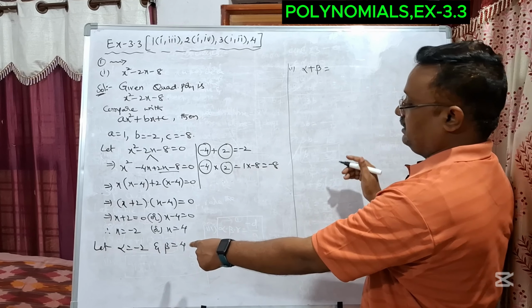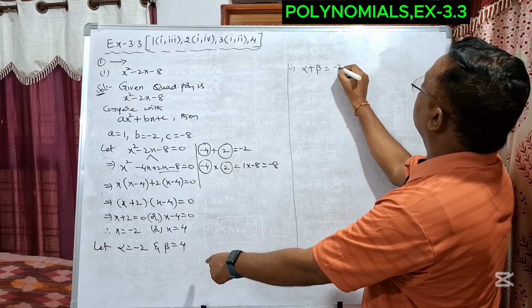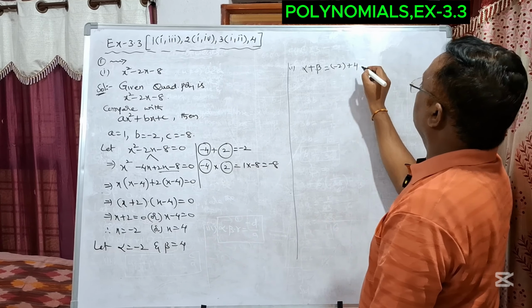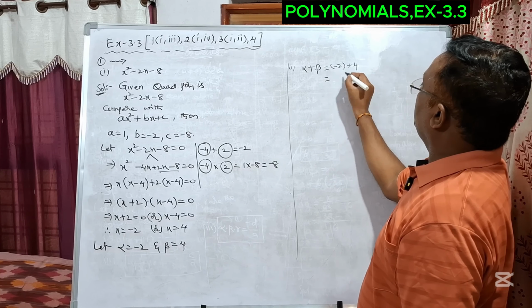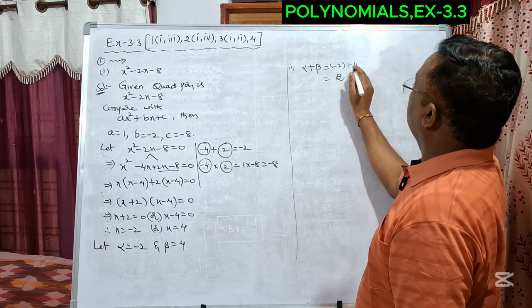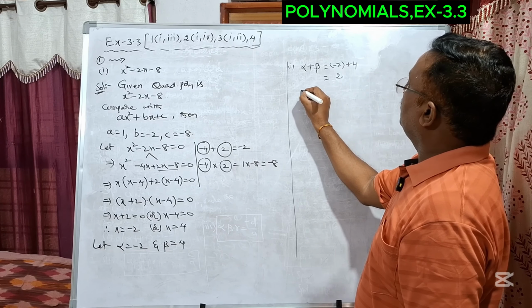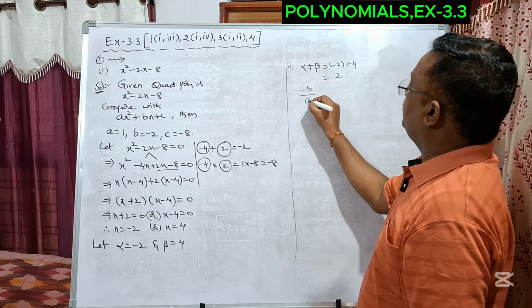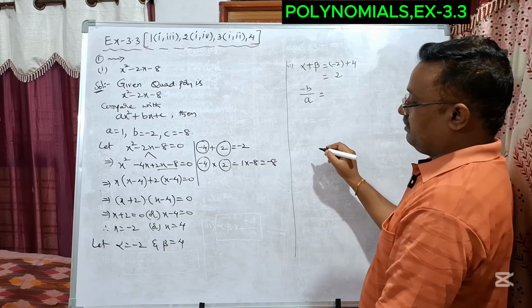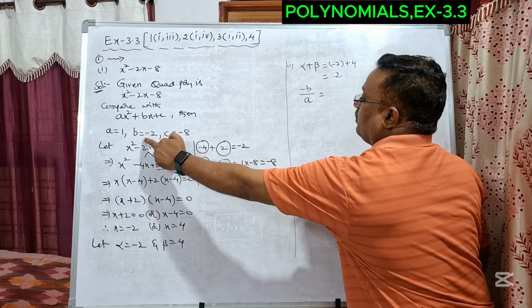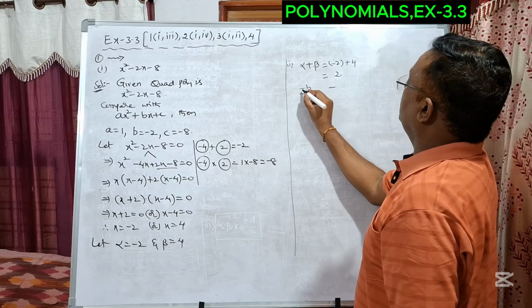So first step, find out the alpha plus beta value for checking. Sum of the zeros, alpha plus beta, that is minus 2 plus 4, which is equal to plus 2. Minus 2 plus 4 value is plus 2. Now, below this, find out the minus b by a value. So that is equal to minus of the b value, which is minus 2. So minus is there in the formula.